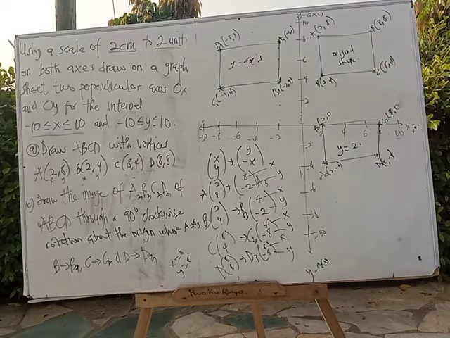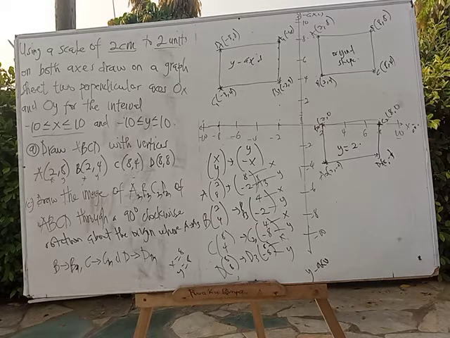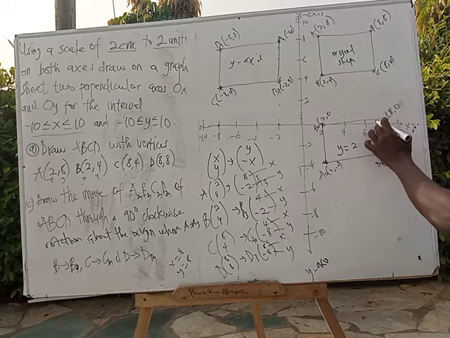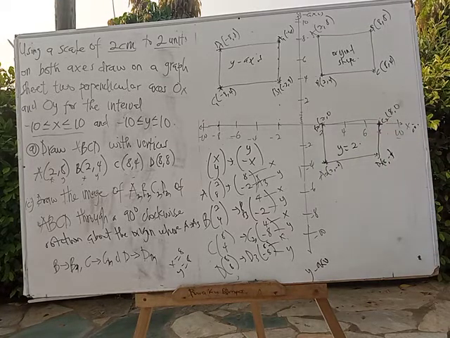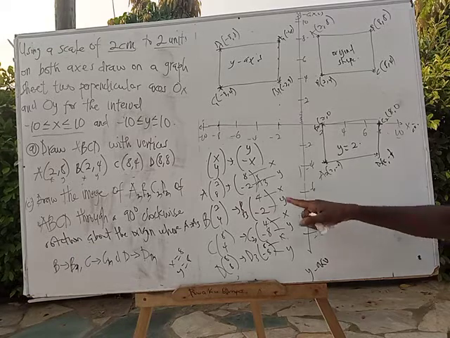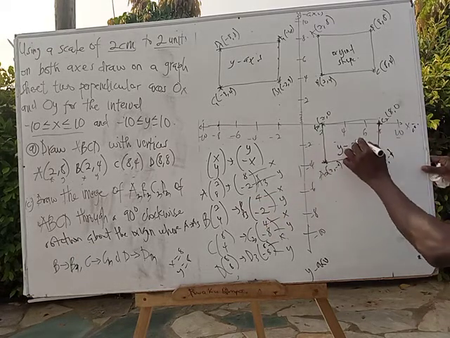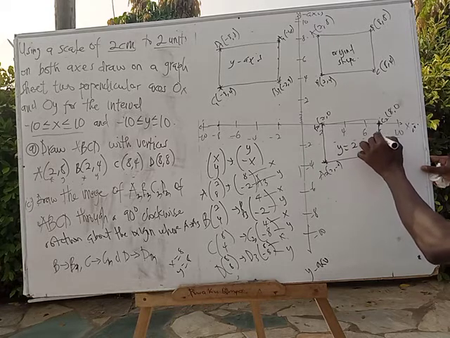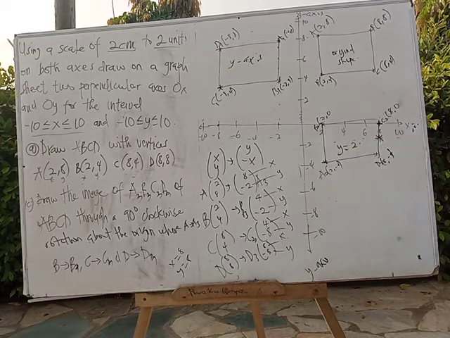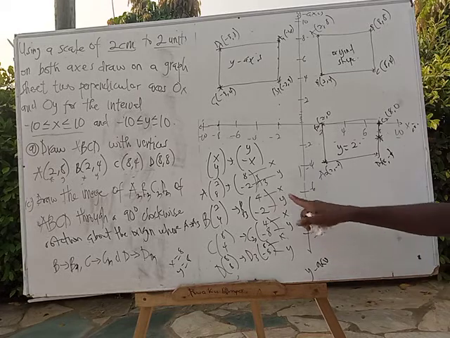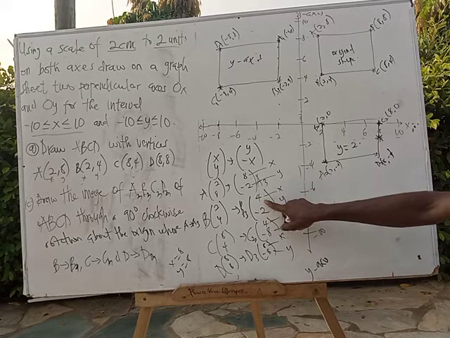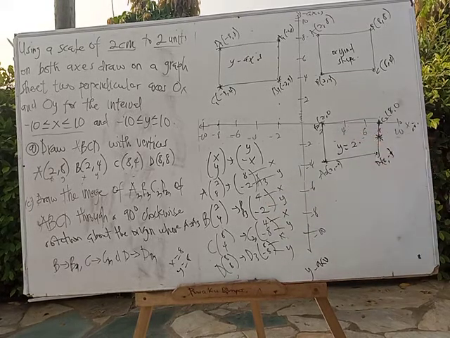So here our x is 8. Go to where x is 8, and our y is going to be negative 2, somewhere here. Go to B: x is 4, and y is going to be negative 2 here.